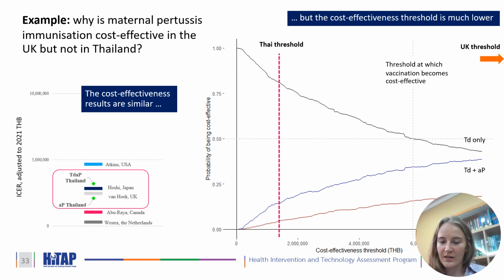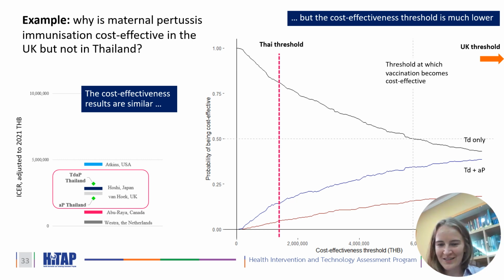The blue one is just adding acellular pertussis single shot on top of the TD vaccine that's already given. And that red line that you see kind of on the bottom is replacing the TD vaccine with a combination vaccine that includes TD and acellular pertussis as well.